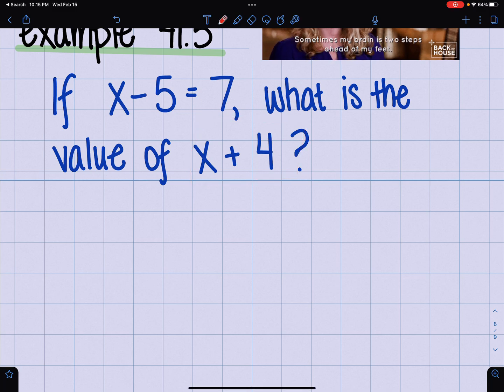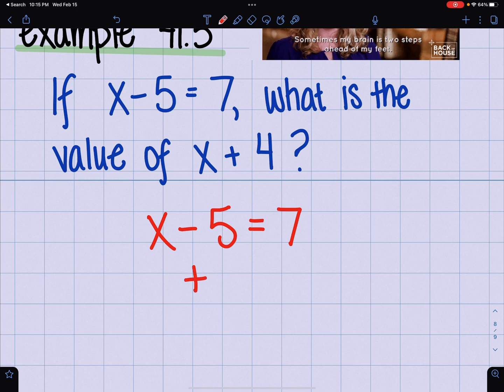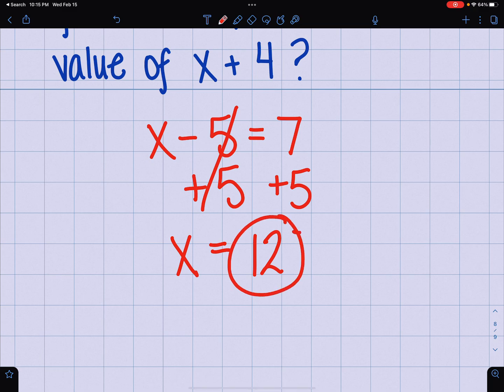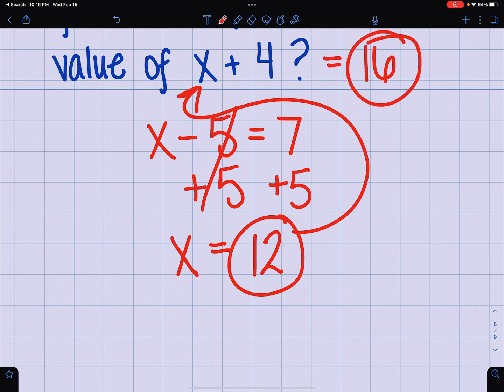So let's start with x minus 5 equals 7. We're going to add 5 to both sides, and then these 5 cancel out, and so you have x is equal to 12. Then we take this value of 12, plug it in here. What's 12 plus 4? 12 plus 4 is 16, and that's the final answer.